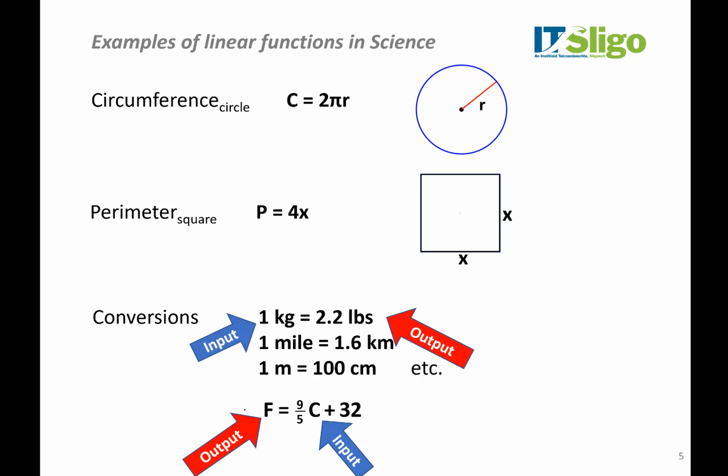In an experiment, you control the input and you measure the output. And that then is how your graph is drawn. The input always goes on the horizontal axis and the output goes on the vertical axis. So if we were to draw a graph of that lowest function, Celsius would be here and Fahrenheit there.